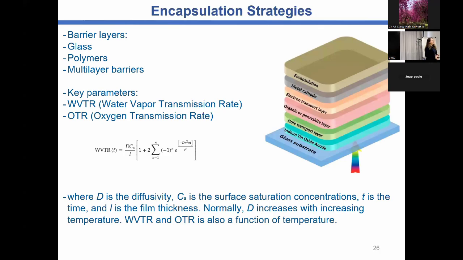So for example, for organic or perovskite solar cells, we have this structure: ITO, HTL or ETL, organic or perovskite, ETL or HTL, depending on the device architecture, and metal cathode.